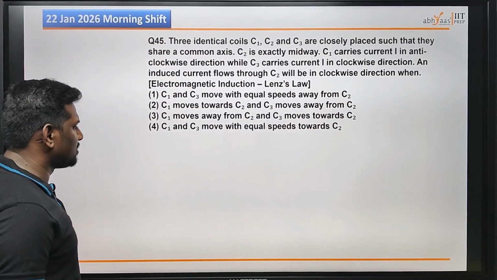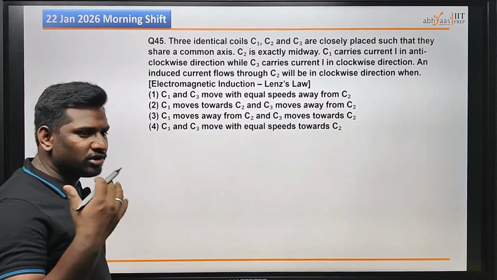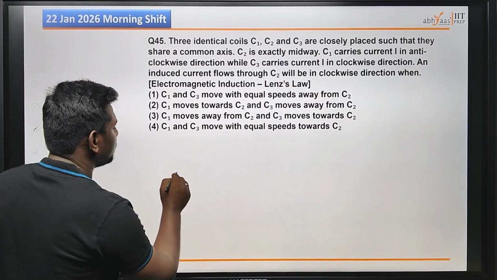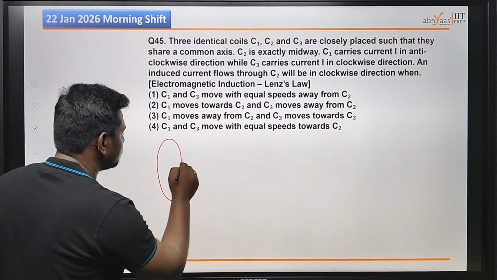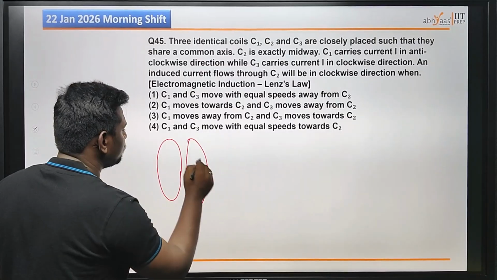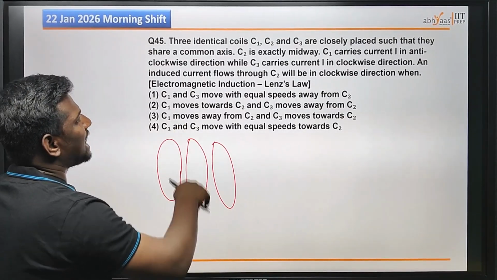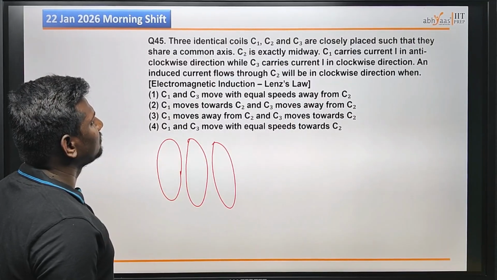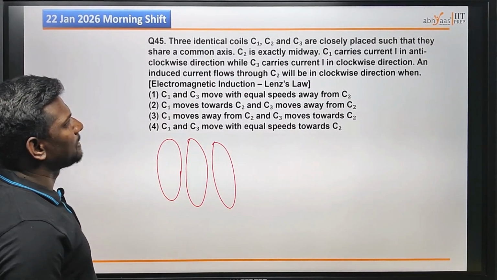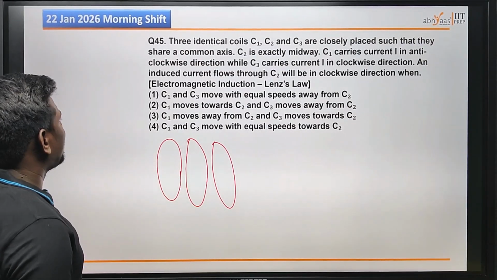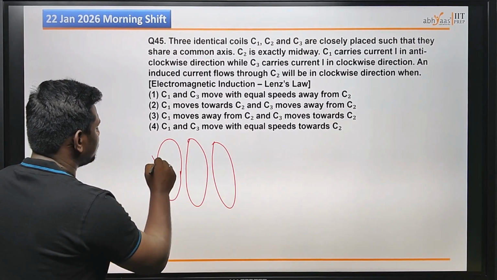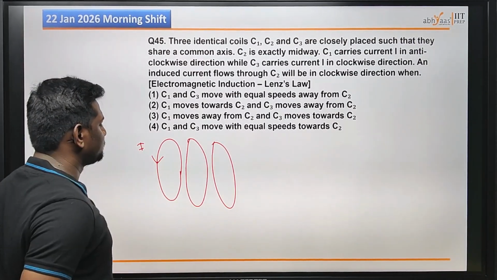So we know the formula, Lenz law. According to Lenz law, see here, I am taking coil 1, coil 2 and coil 3. Coil 1 is having current in anti-clockwise direction.